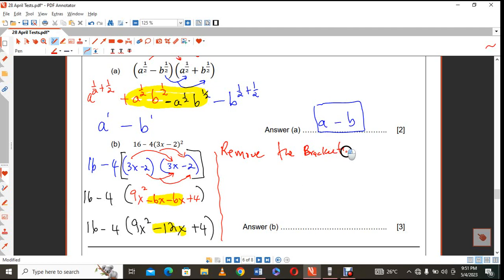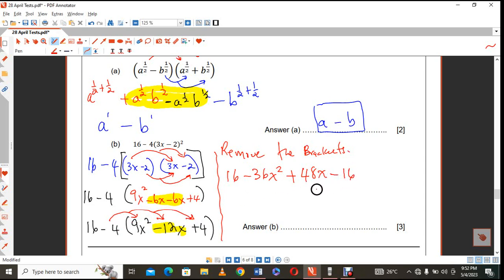So that means 16. But now take note, I'm multiplying each term over here by a negative number. So that's going to be negative 4 times 9. Well, that gives you minus 36x squared. And then I have a negative times a negative, so that gives you a positive. And 4 times 12 is nothing but 48x. Please take note so you don't make mistakes. And then you have a negative 4 times a positive 4. So that will be negative 16.